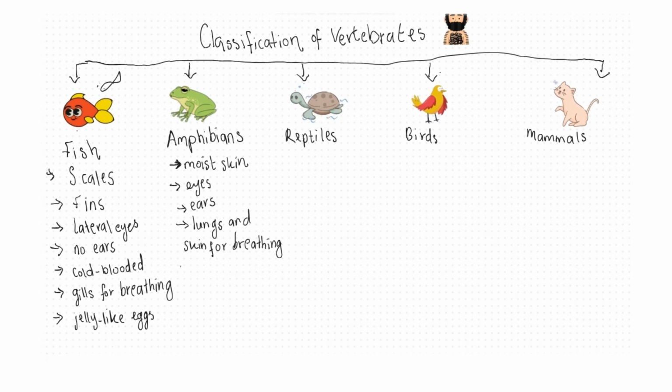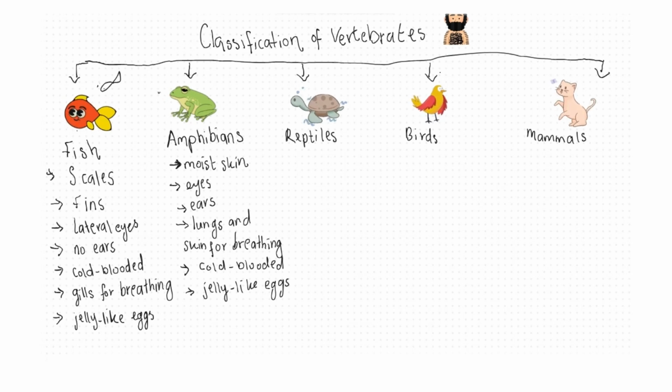Okay, and something they do share with the fish is that they are also cold-blooded, meaning that their temperature changes with external temperature change. And like fish, they also lay jelly-like eggs. So the main difference between amphibians and fish is that moist skin and lungs and skin for breathing.